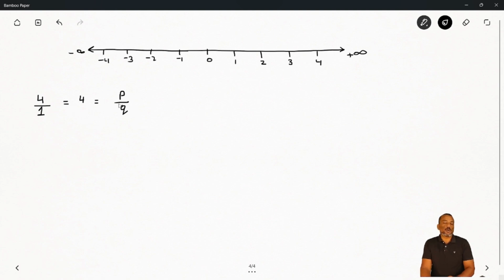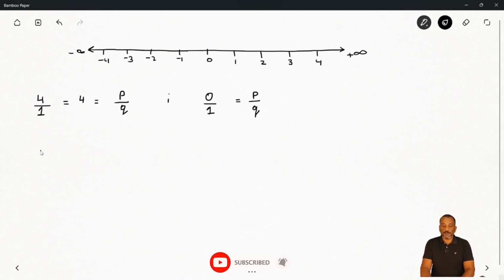So 4 is also a rational number. Same way you can see 0. So 0 over 1, we can write it in the p by q form, which means 0 is also a rational number. Okay, so all the integers are rational numbers, all the whole numbers.